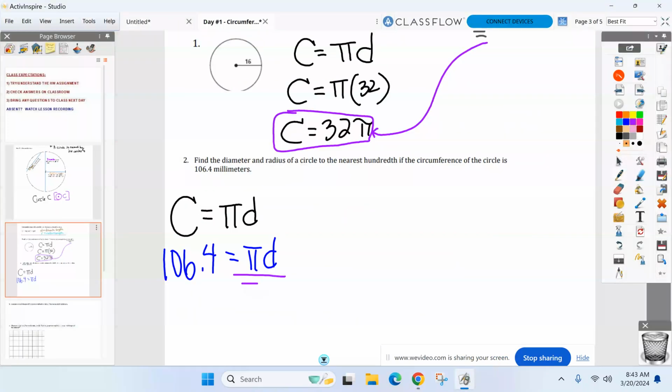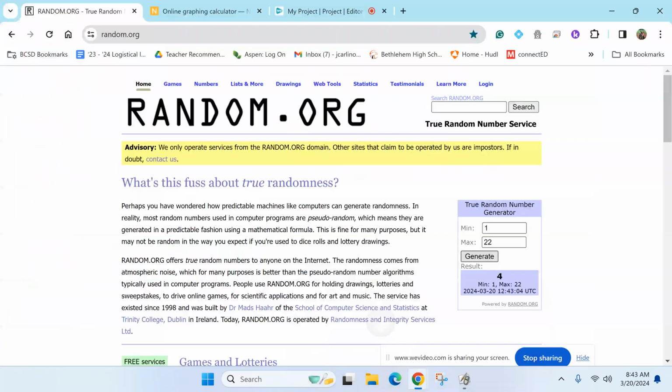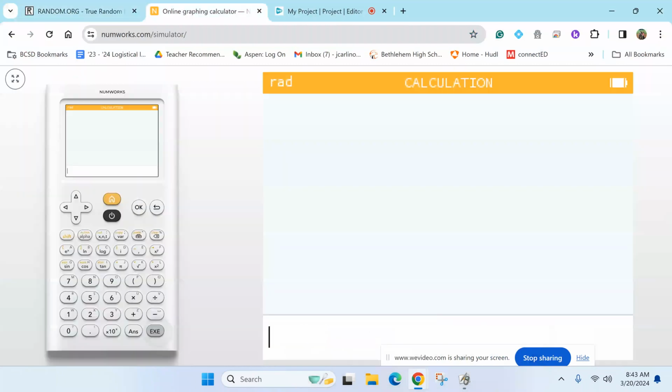Now here's where I want to go to the calculator, because look, it gave me rounding directions, nearest hundredth. And I'll do it with you here. So we go to our calculator, 106.4 divided by, we just learned where the pi symbol was.